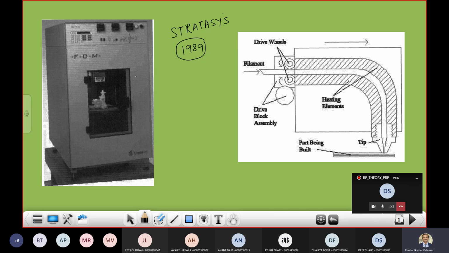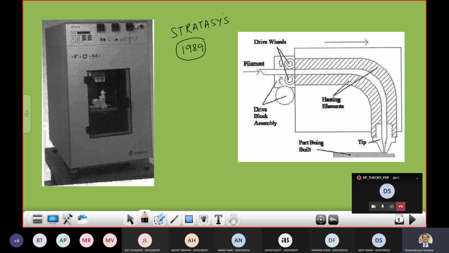This can be broadly classified into two categories: the FDM series and the Concept Modeler.